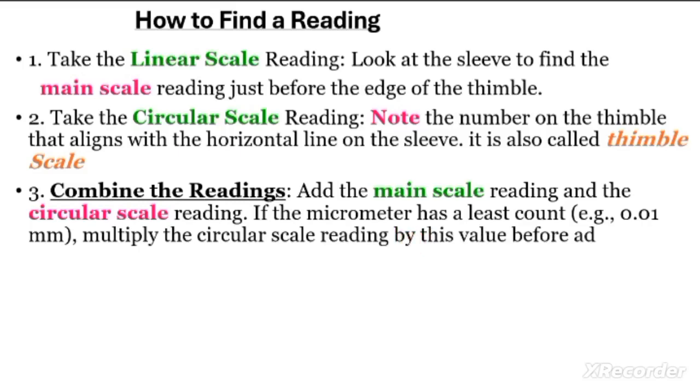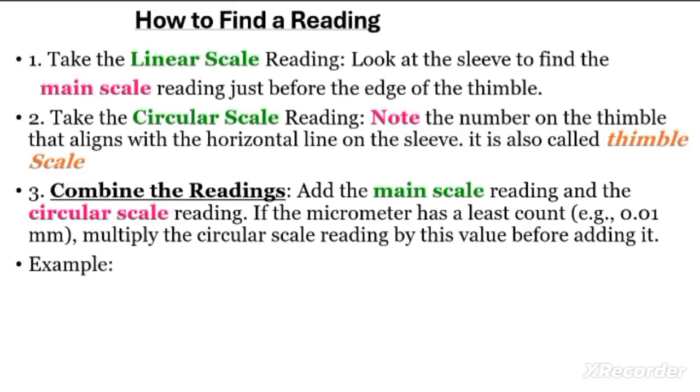If the micrometer screw gauge has a least count, e.g. 0.01 millimeters, we are going to multiply the circular scale reading by this value before adding it. Okay, so this is one of the steps that will be taken as we'll be finding the reading on the micrometer screw gauge.